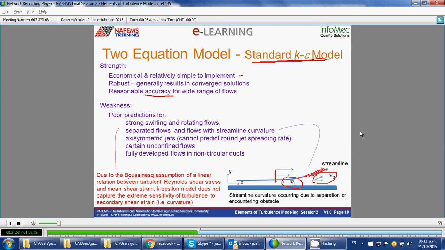So this assumption works well when you don't have massive separations, but when you have highly separated flows, things start to fall apart a little bit. It doesn't do well for non-circular ducts or axisymmetric jets. So there are problems with the standard K epsilon model.